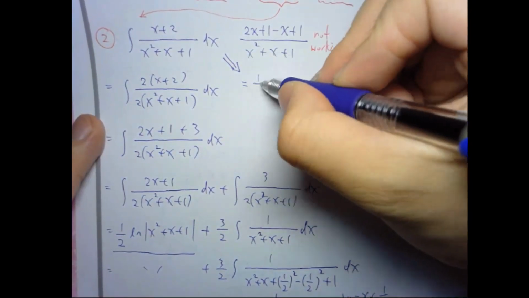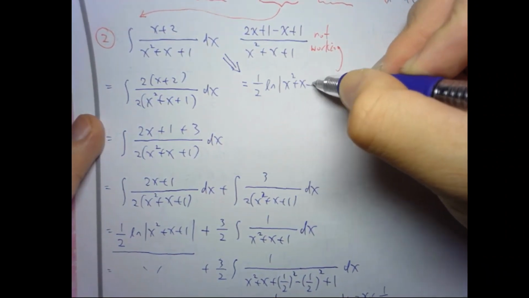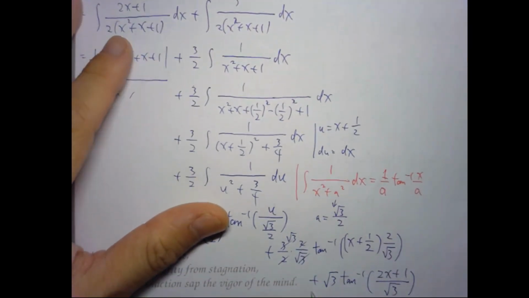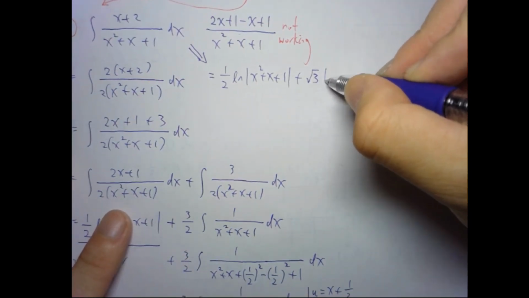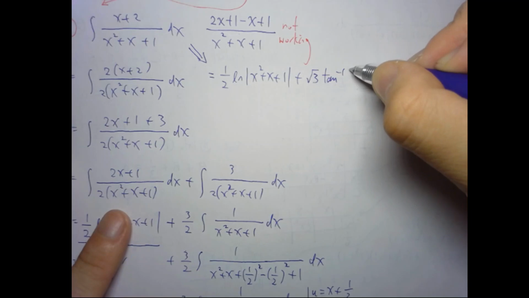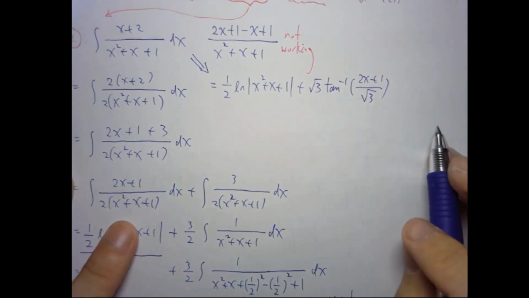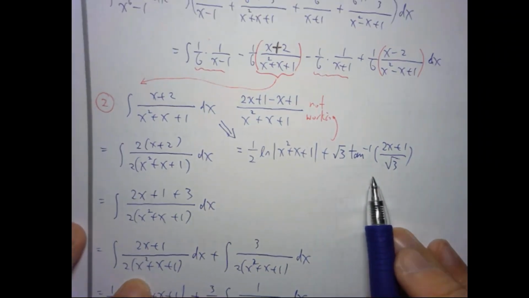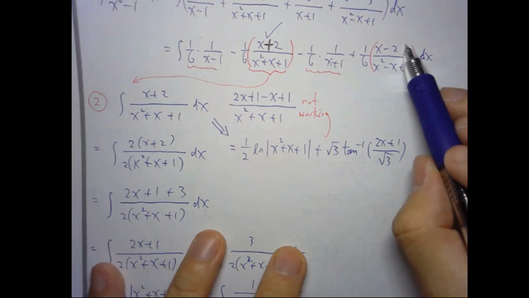This is equal to 1 over 2 natural log absolute value of x squared plus x plus 1, plus, I will copy down this, root 3 arctangent, bracket 2x plus 1 over root 3. Okay, we finish the first one, and then we will go for the second one here.